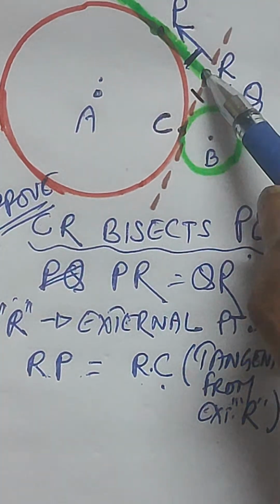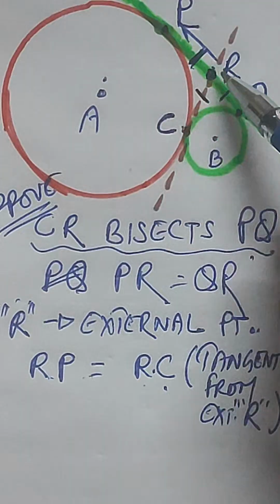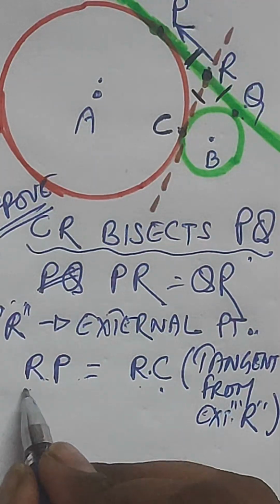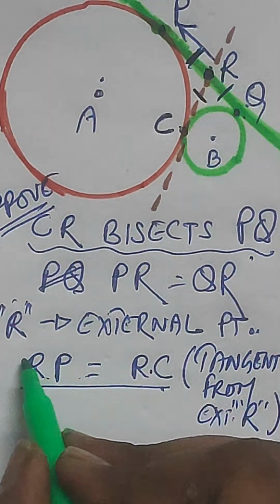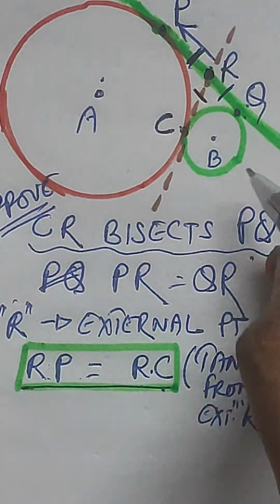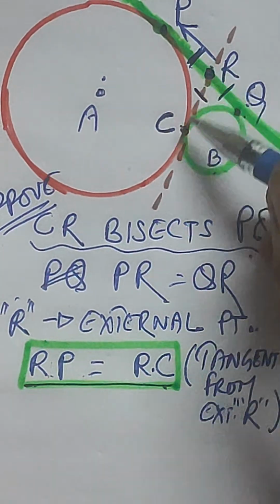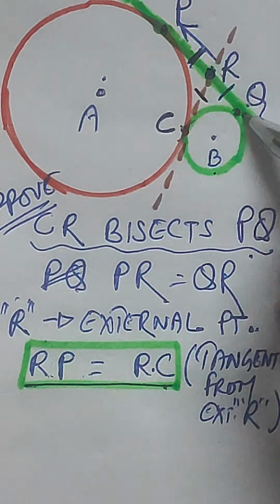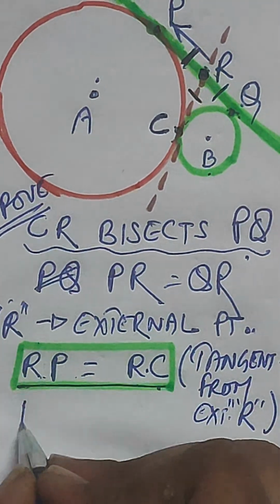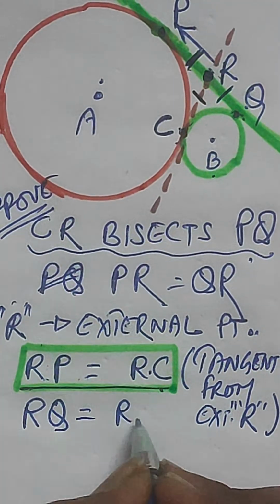Similarly, from R, you can see two tangents are drawn to the green circle here. So again we can say RC equals RQ, right? Using the same relation for the smaller circle, R acts as an external point, and from this point the lengths of RC and RQ will be equal because both are tangents to the smaller circle. So we can write RQ is equal to RC.